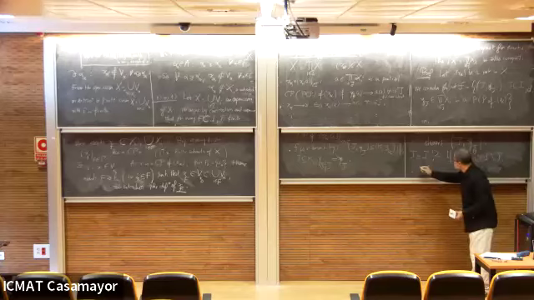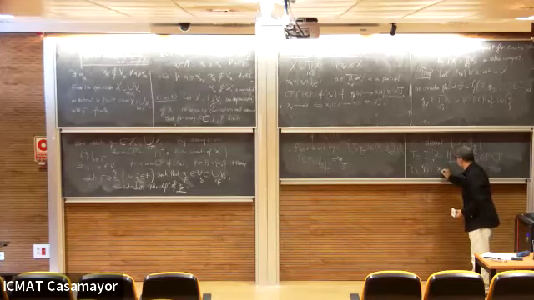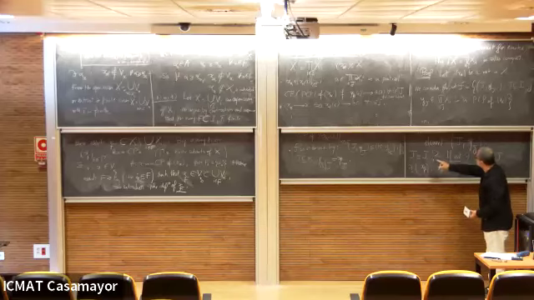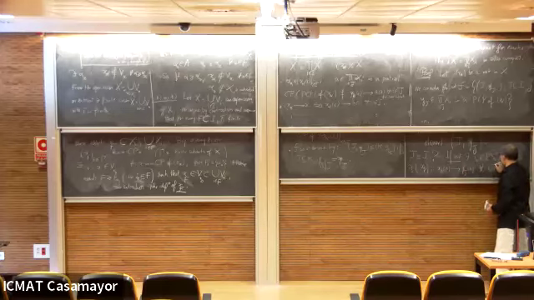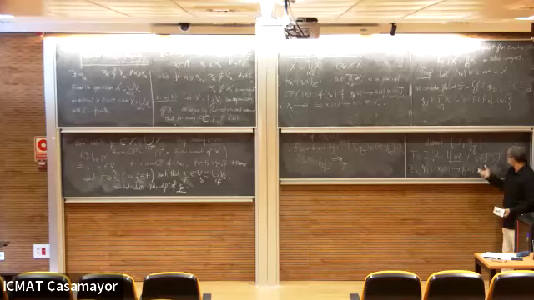We have a subnet x beta such that x beta of I converges to yj of I for every I in J. This is by definition, because this is a partial cluster point.